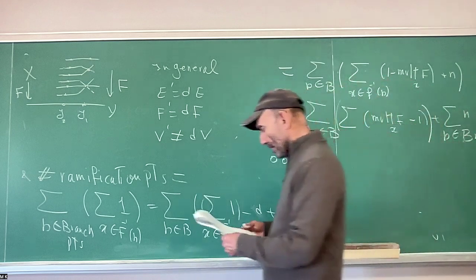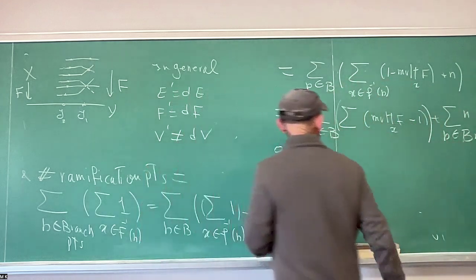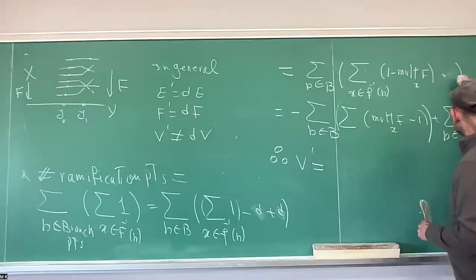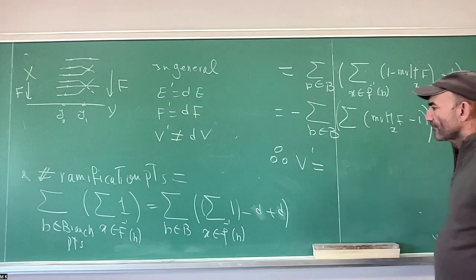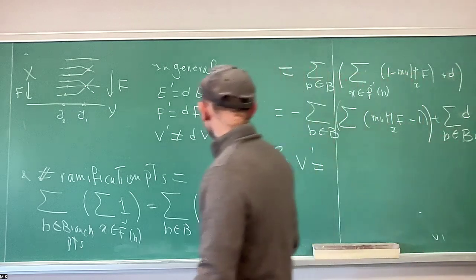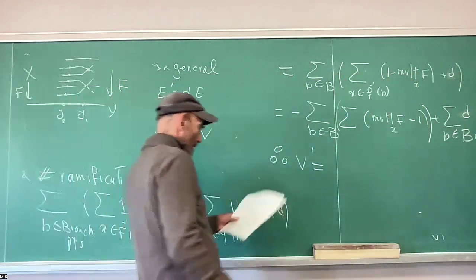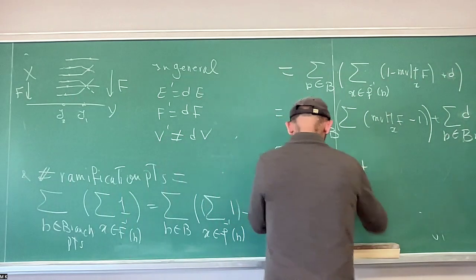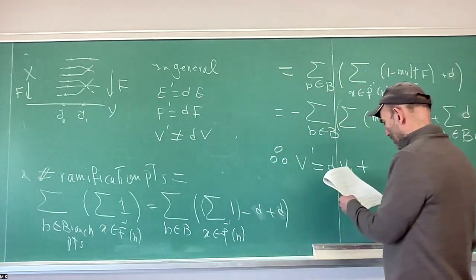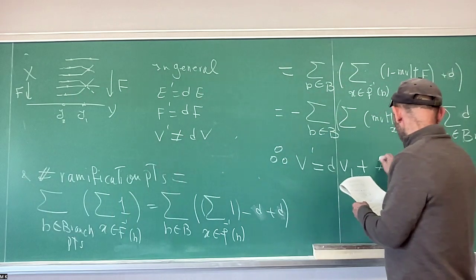Okay, so then what we get, oh yeah, by the way, I should change n to d because I chose d for my degree, not n. So you get V prime, which is equal to dV1 plus what we had, the number of ramification points.